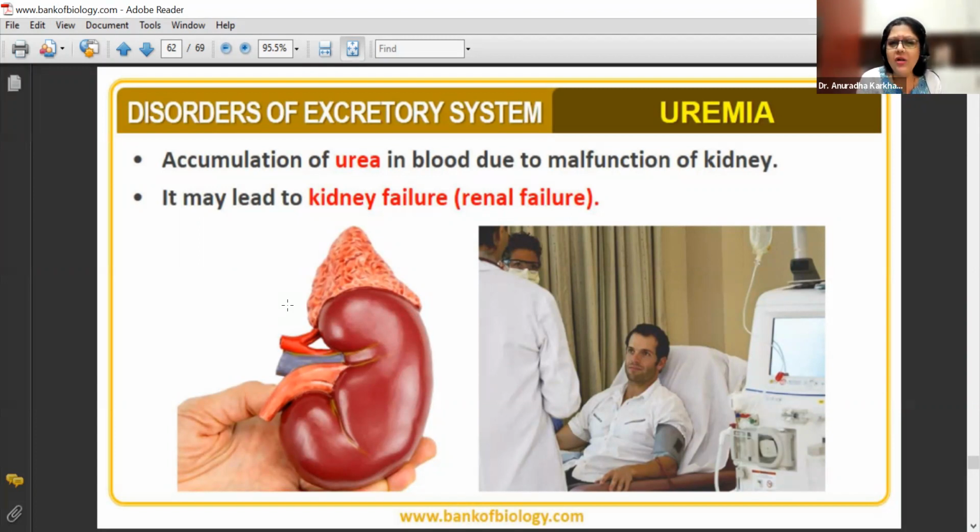Imagine saltless food. Oh my God. But there are many people who survive on these types of foods. They get used to it. What to do? जिंदा रहना है ना? So uremia क्या है बेटा? Accumulation of urea in the blood due to malfunctioning of the kidney.